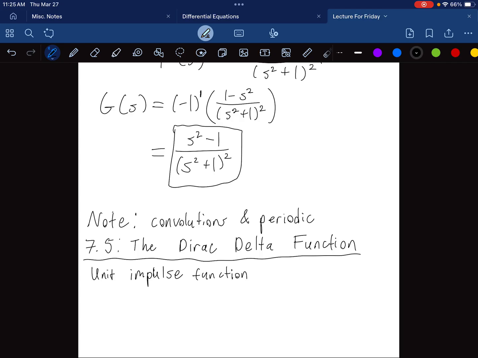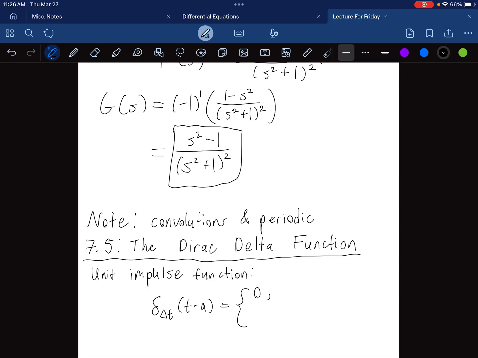Where we denote it as delta, a small change in t, of t minus a. This is going to equal 0 for 0 less than or equal to t less than a minus our small change in time.